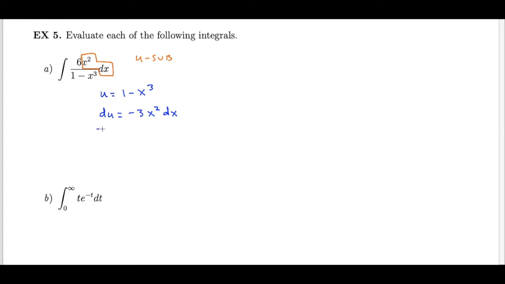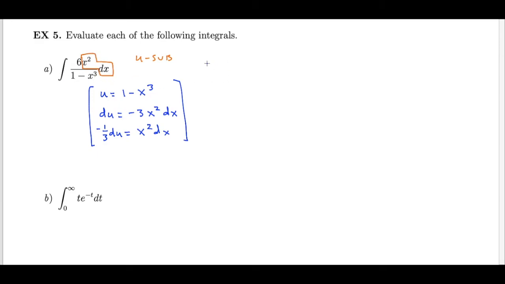So I would say negative 1/3 du equals x squared dx. And then I think of u-substitution as identifying pieces in a puzzle and then making sure that those all come together to create my original integrand.